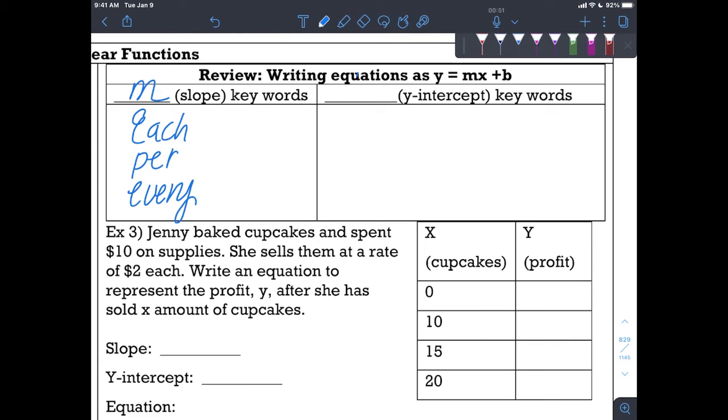On the other hand, the words for my y-intercept are going to be starting, initial, etc., etc.